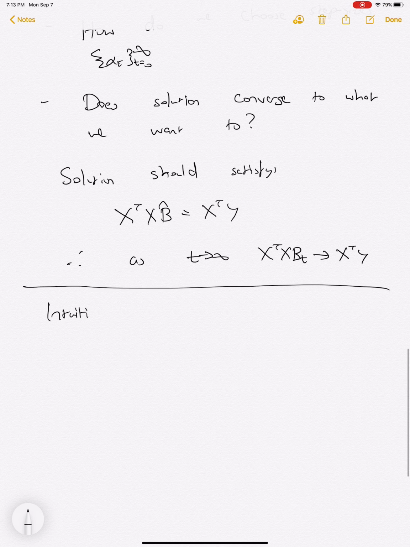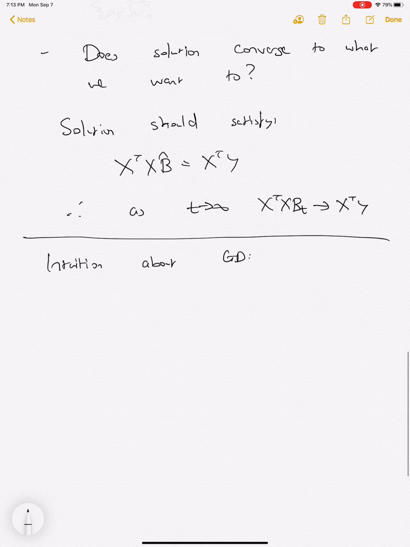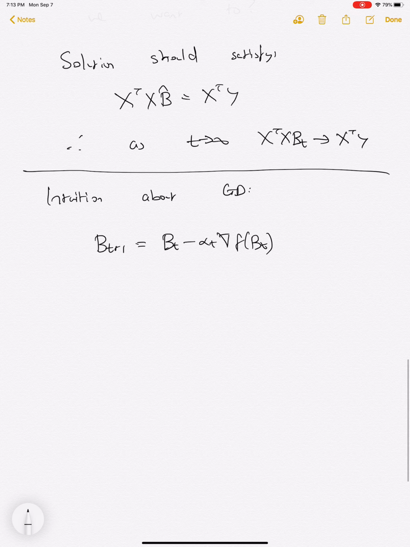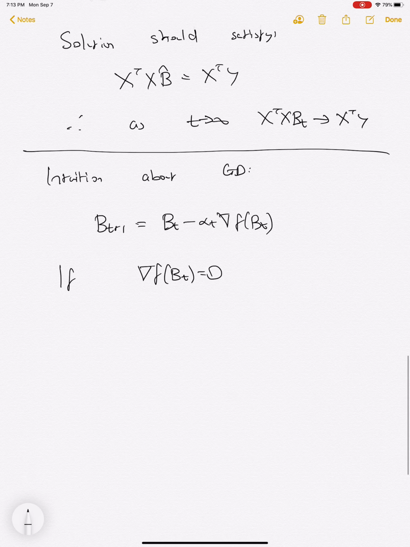So just to give you a little bit of intuition about gradient descent and why you might expect it to converge. What we can see is that if gradient f of bt equals 0, then you'll just get that bt plus 1 equals bt.